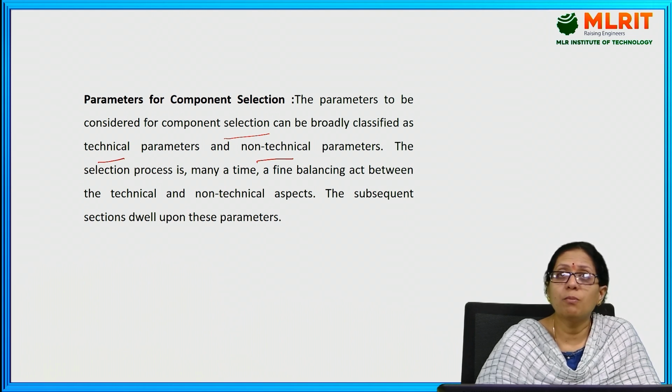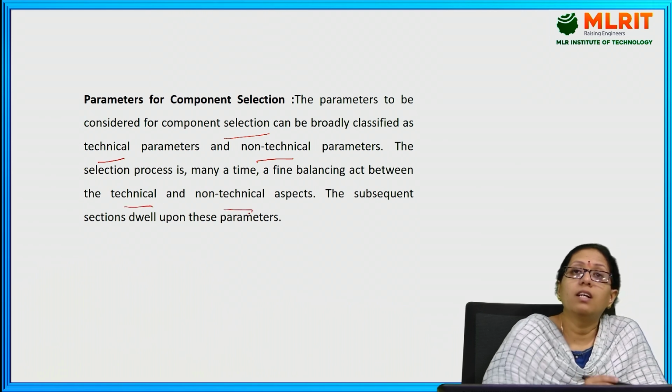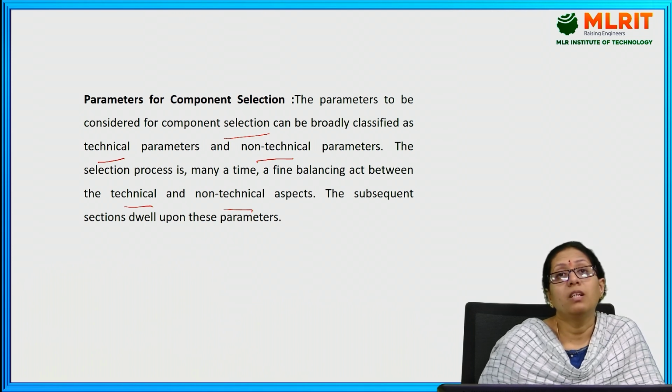The selection process is many a time a fine balancing act between technical and non-technical aspects. There should be a balance between technical and non-technical aspects. The subsequent sections upon these parameters we will be seeing here.